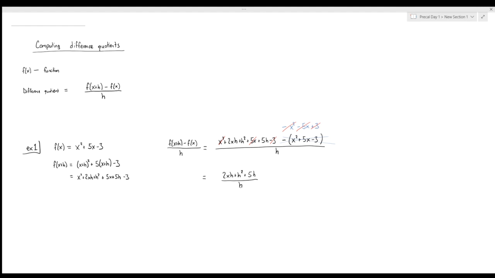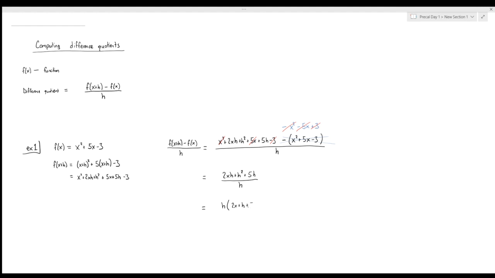All right, now when you're calculating difference quotients, something that you should be able to do is this h in the denominator, you should always be able to cancel it out at some point, okay? And usually that's something that you want to do when you're simplifying. So in this case, if I want to cancel out the h in the denominator, what I can do is in the numerator, every term has an h. So I can factor the h out.